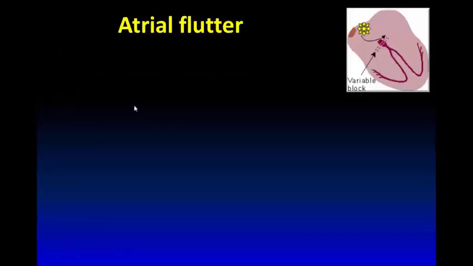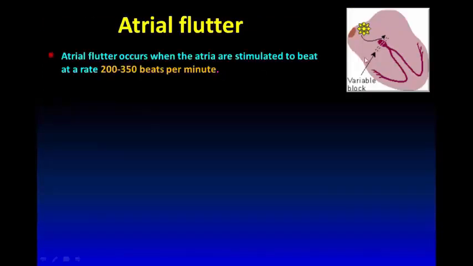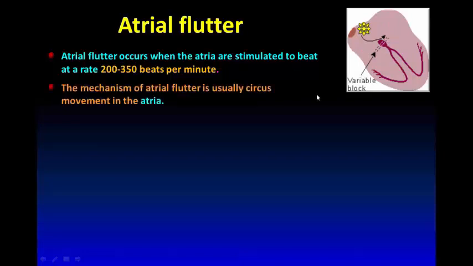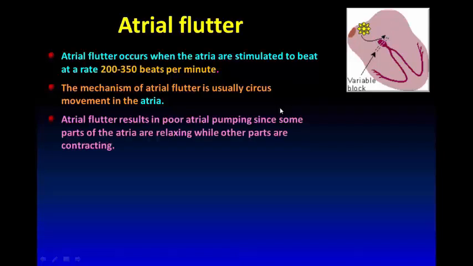Now let's describe atrial flutter. Atrial flutter occurs when the atria are stimulated to beat at a rate of about 200 to 350 beats per minute. The mechanism of atrial flutter is usually a circus movement in one of the atria.